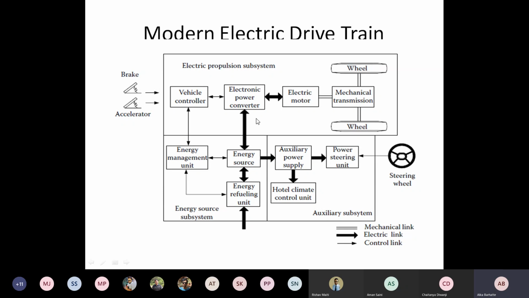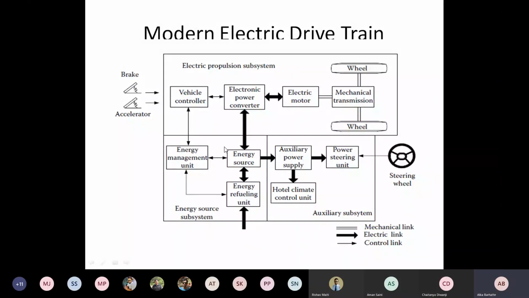What do you mean by that? This power converter decides how much power is to be transferred to the electric motor to drive the vehicle at the required speed, and whether some power can be transferred to the energy source for charging. So it takes the decision of transferring power to the electric motor as well as the energy source.